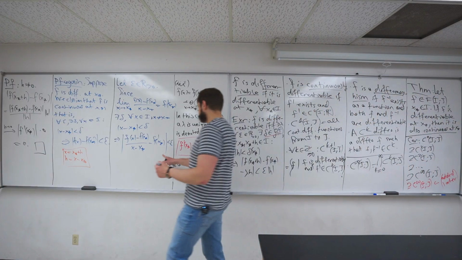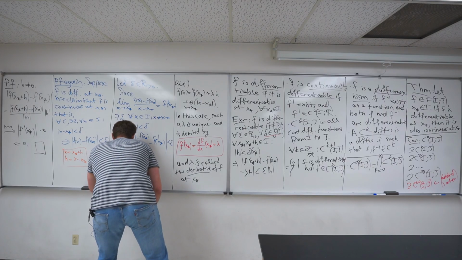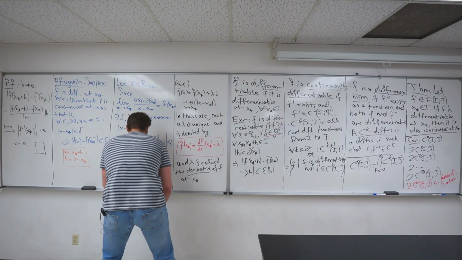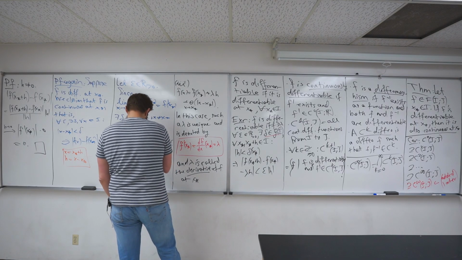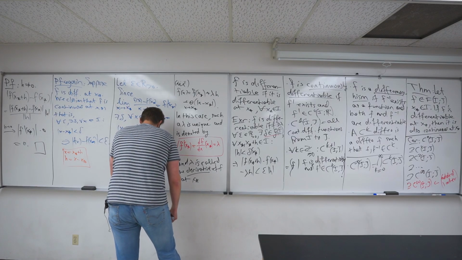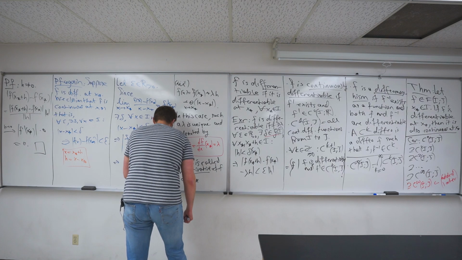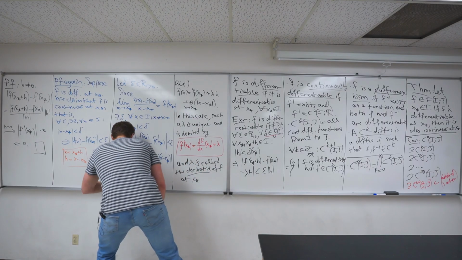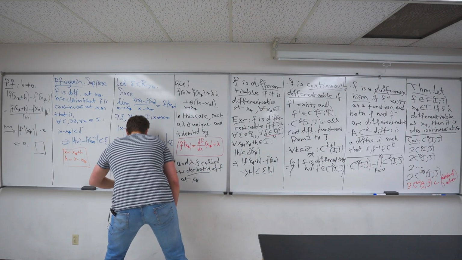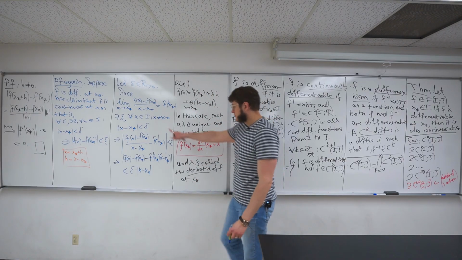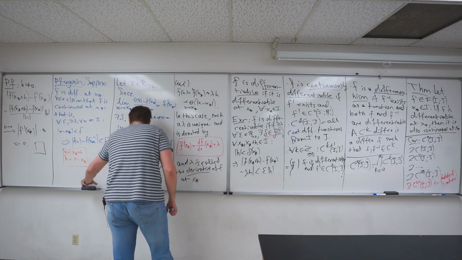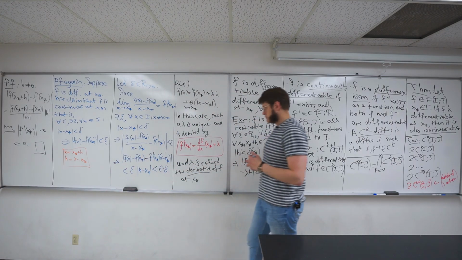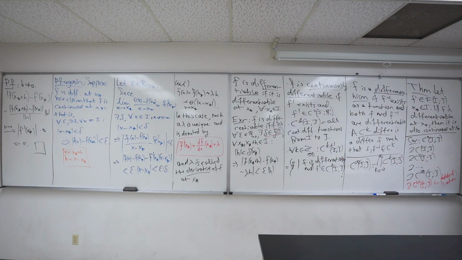Rearranging, I can write this like so. This whole thing is upper bounded by epsilon times x minus x star in absolute value, which itself is bounded by delta, which means this is bounded by epsilon times delta. Okay.